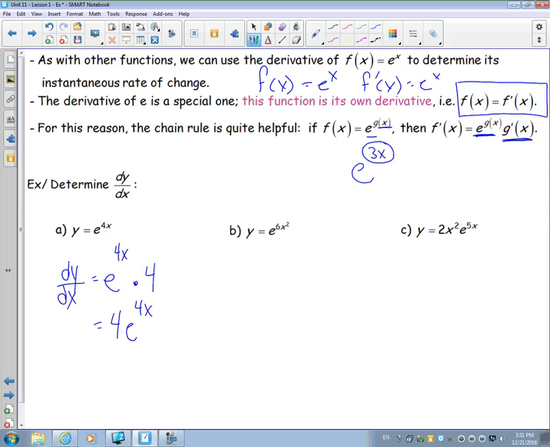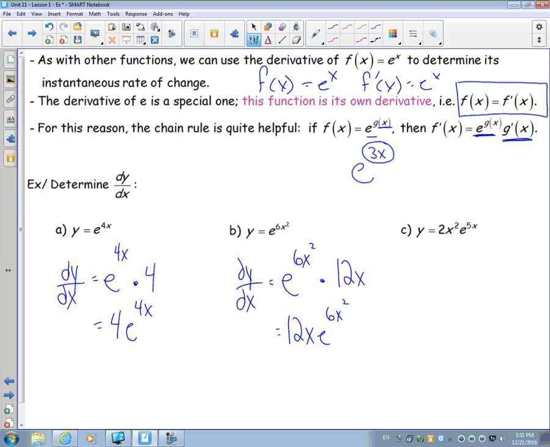There's my derivative. If we try the next one, dy/dx, the derivative of y with respect to x, the derivative is itself times the derivative of the exponent, which would be 12x, or if you will, 12x e to the 6x squared. So these can get pretty messy pretty quick, as you can see.